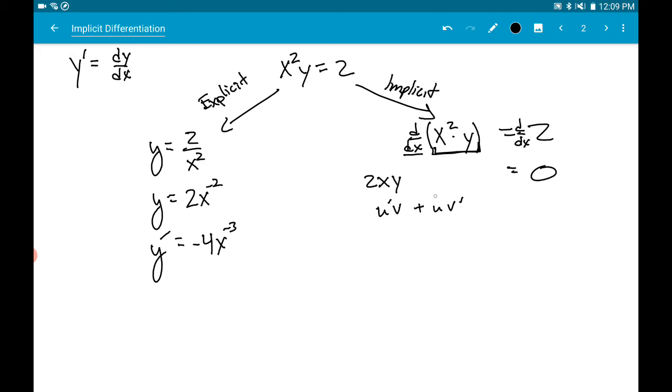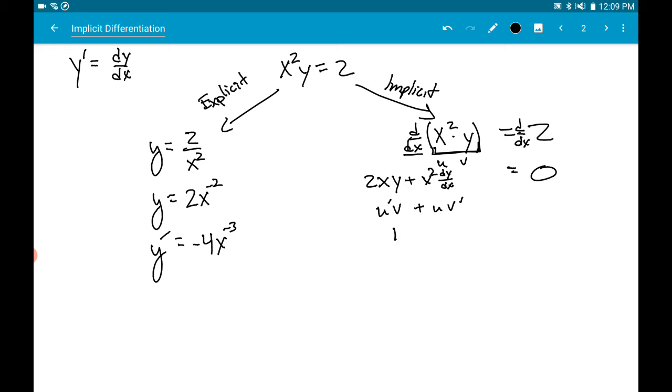V is along for the ride. V in this case is y. Plus u, and then v prime is the derivative of y with respect to x. That y prime, that dy shows up in there. So, check it out.